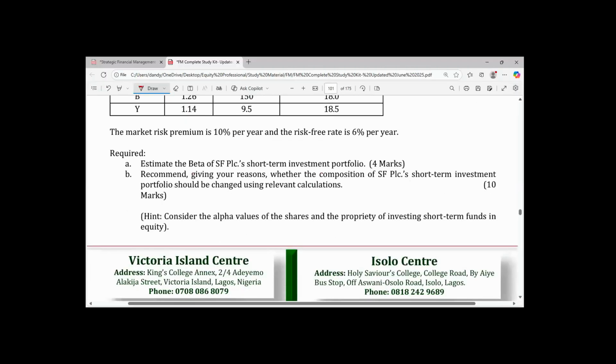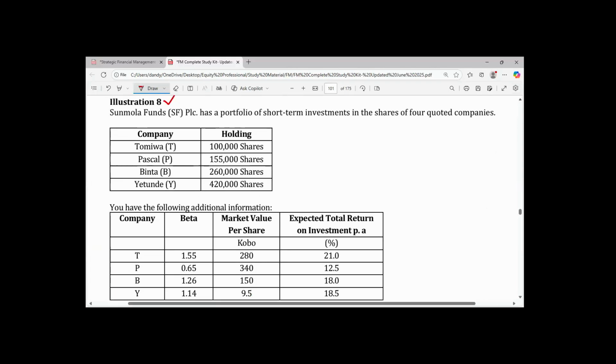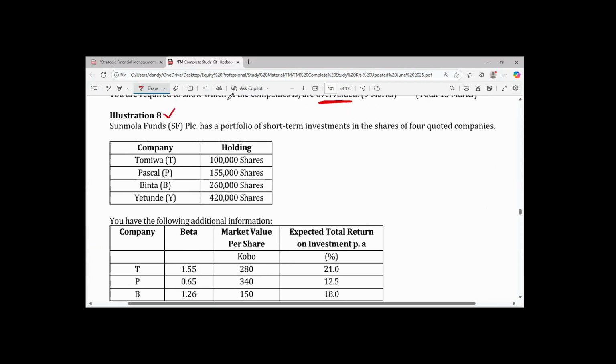I need one of you to read for us. Illustration number 8. Who is helping us to read? Ada, you want to try? Ada, are you there? Yes, sir. Okay, read for us.